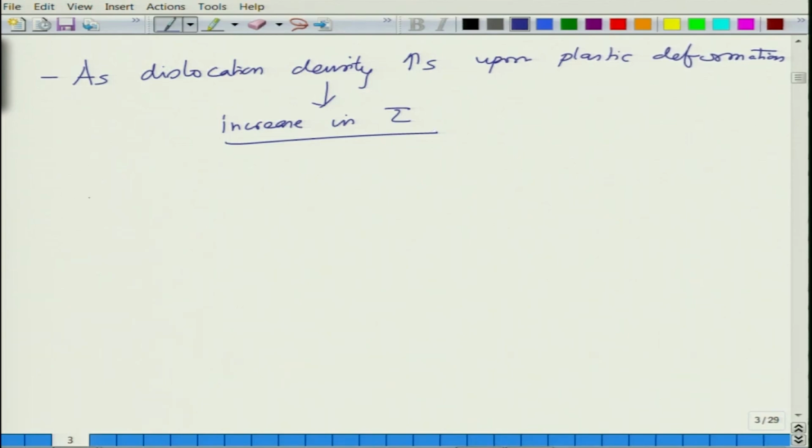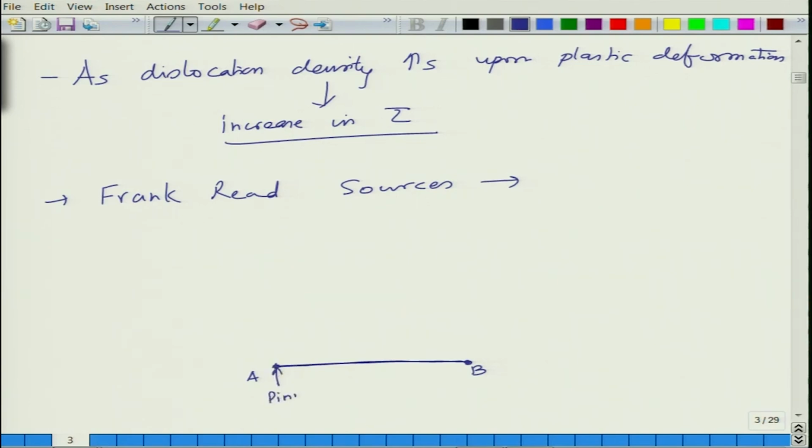The reason for that we will see later on, but first of all we saw that you have Frank-Read sources leading to dislocation generation, and you have a dislocation like AB. So this dislocation line is AB, but A and B are the places where the dislocation is pinned, or it cannot move.